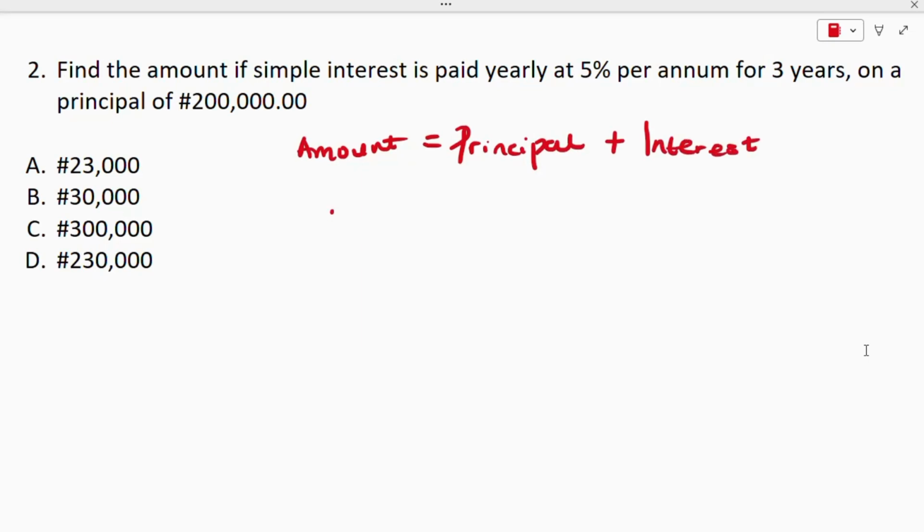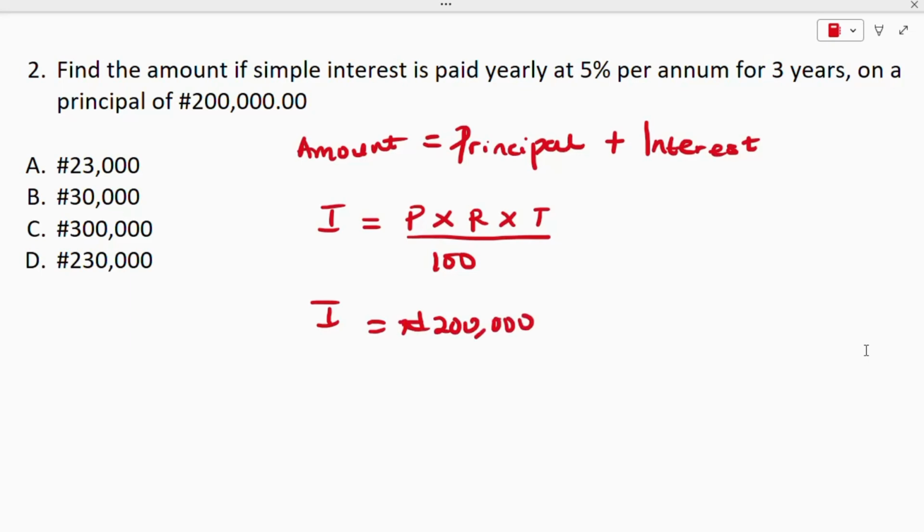So we have that simple interest, which is given as I, is equal to P times R times T divide 100, where P represents principal, R represent the rate, and T represent the time. Okay, so we have that interest is equals to, now we have the principal to be 200,000 times, now we have the rate to be 5%, which is times 5, times the time, we have it to be 3, divide 100.